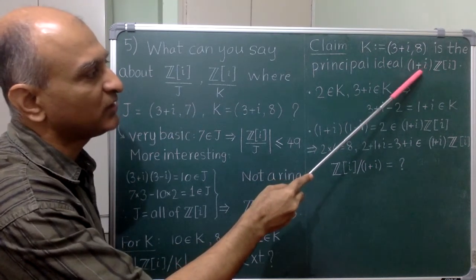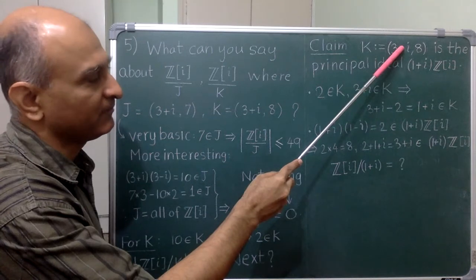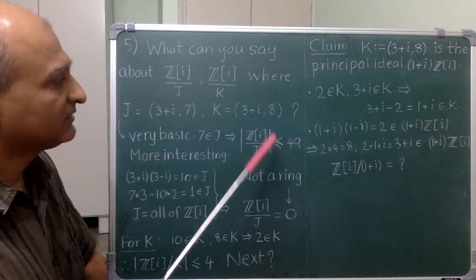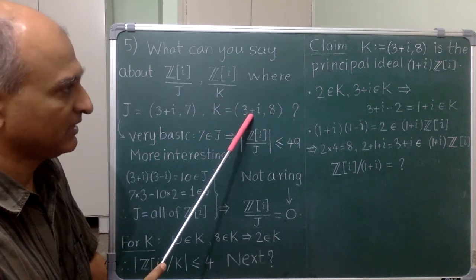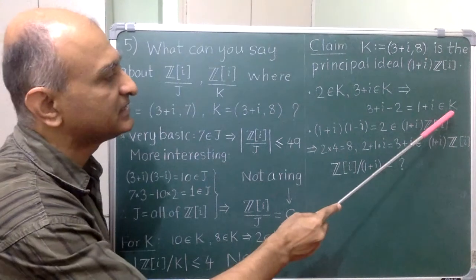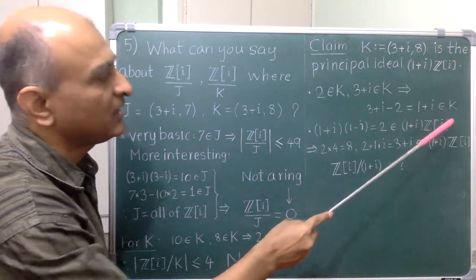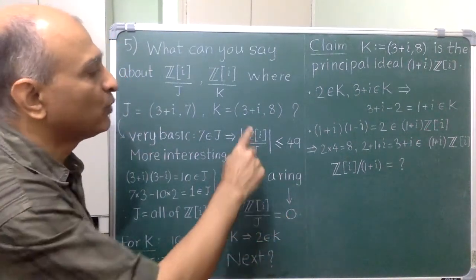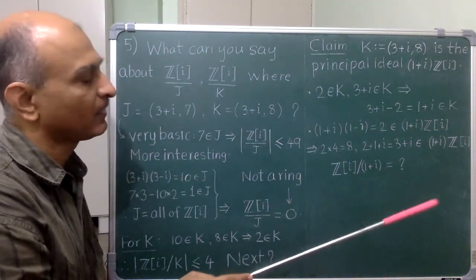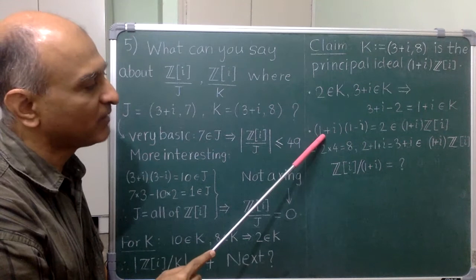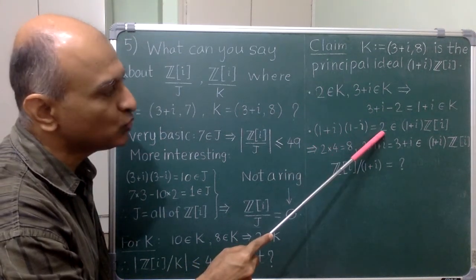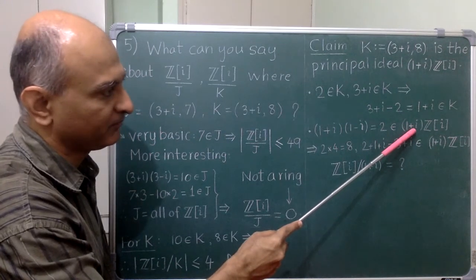First, let's show that 1 plus i is contained in K. I already know that 2 is contained in K and 3 plus i is given to be in K. Therefore, their difference 1 plus i is in K. Next, I should show that both of these elements are contained in the principal ideal. I remember the trick of multiplying by the complex conjugate, and I see that the element 2 is in the principal ideal.